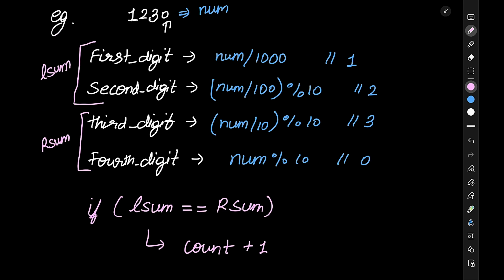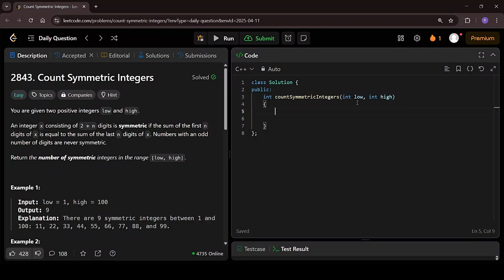Let's check out the code now on the screen. We have to iterate over every number from low to high because we don't know if low is a 1-digit, 2-digit, 3-digit or 4-digit number. So int num equals low; num is less than or equal to high; num plus plus.